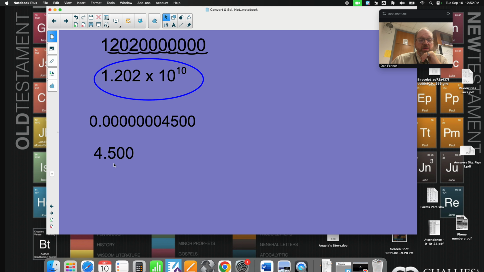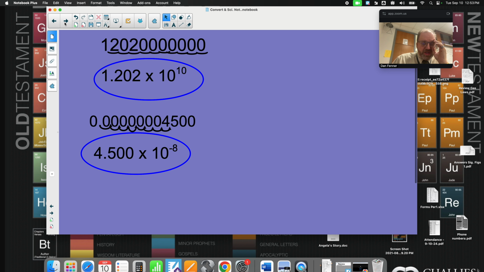They're significant, so they have to be here, expressed the same way. We're going to do times 10. Now we're going from this place to this place to make it 4.5. And we're going 1, 2, 3, 4, 5, 6, 7, 8. But it's a decimal, so the number is going to be -8. That's our answer. All right, so that's how we do scientific notation.